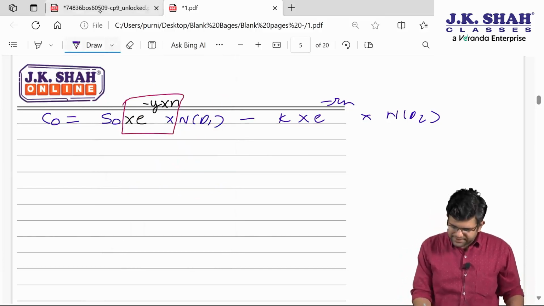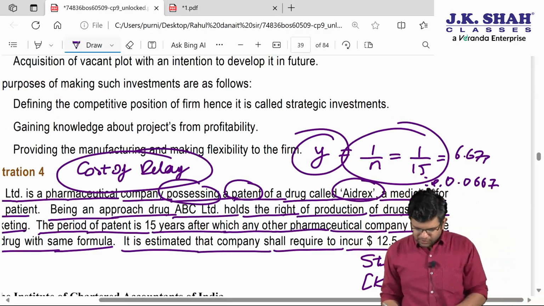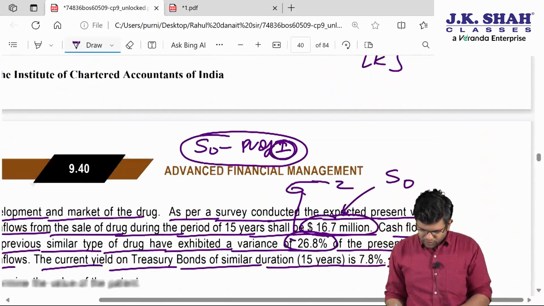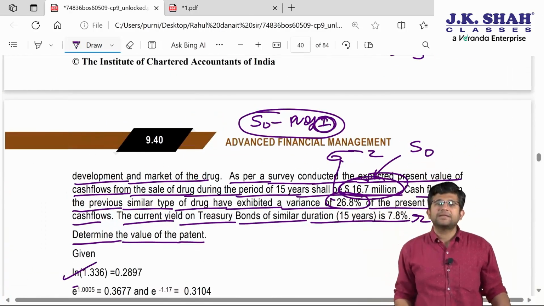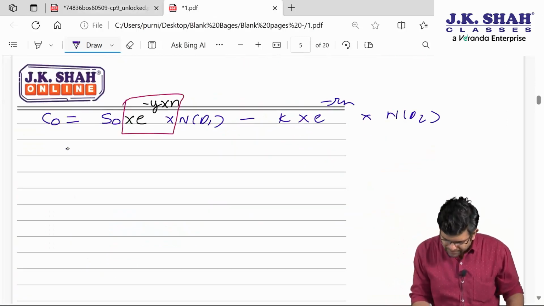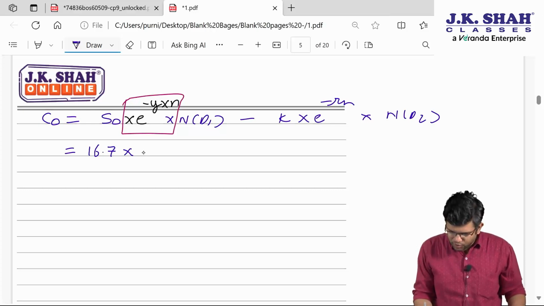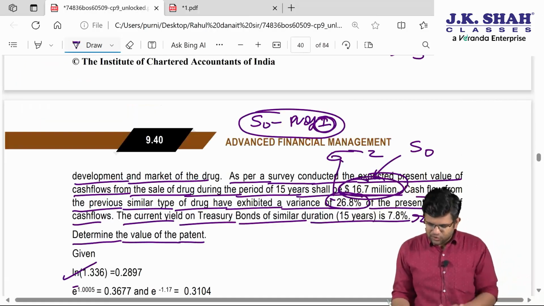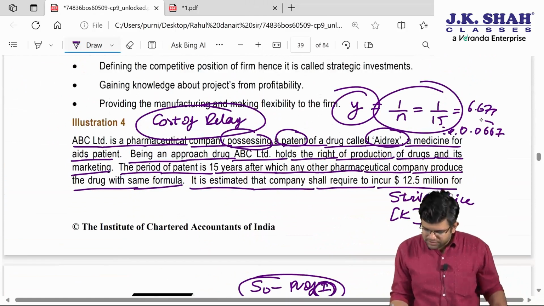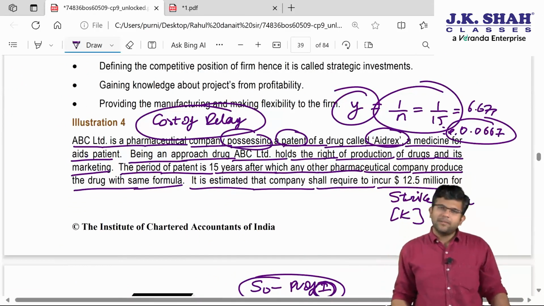So now what is S0? As we had discussed in the question, the S0 here is 16.7 million, correct? So I'll write here 16.7 million into e raised to, now the y which we had calculated was 0.0667.